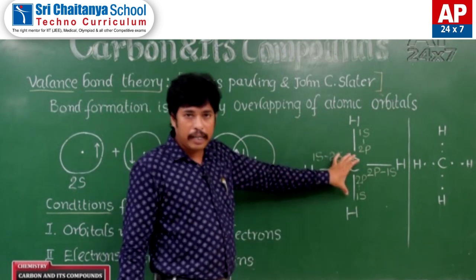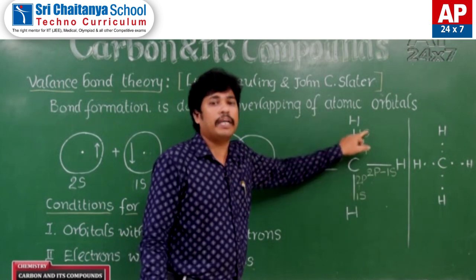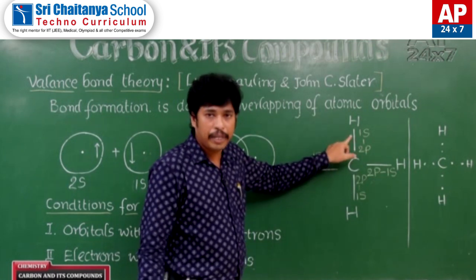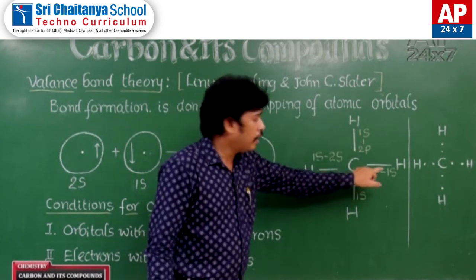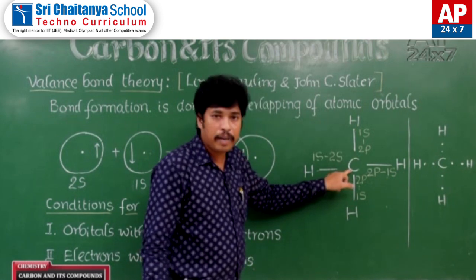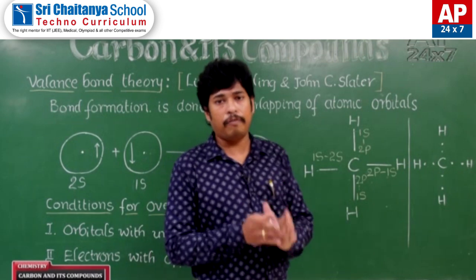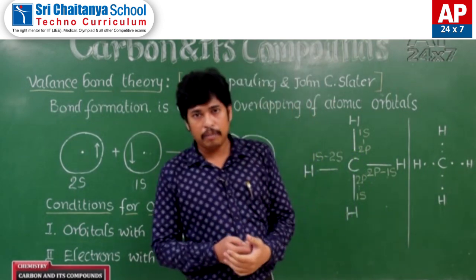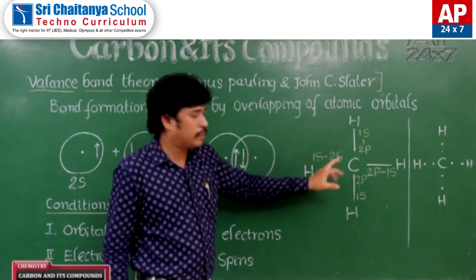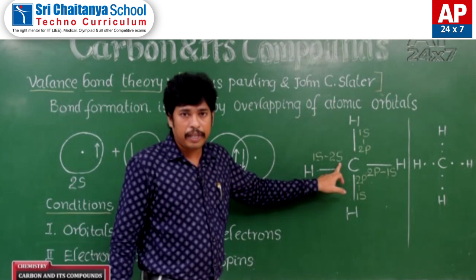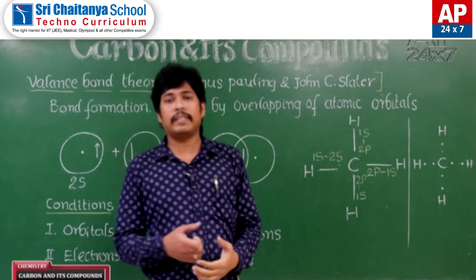So, carbon now has a total of 4 unpaired electrons, which leads to the formation of the remaining three chemical bonds in the combination of 2p of carbon and 1s of hydrogen, three times. Overall, in the methane molecule, the overlapping of atomic orbitals observed involves one 1s and 2s combination, and three 1s and 2p combinations.